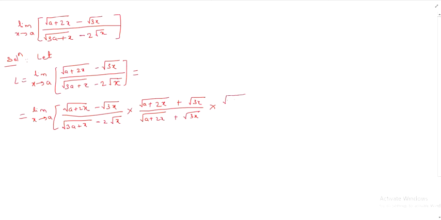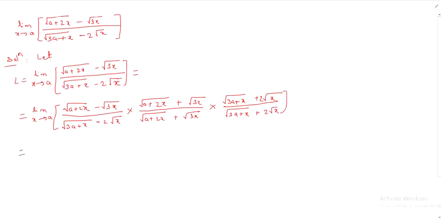And what is the denominator? Root 3a plus x minus 2 root x, and now its conjugate again is root 3a plus x plus 2 root x, isn't it?